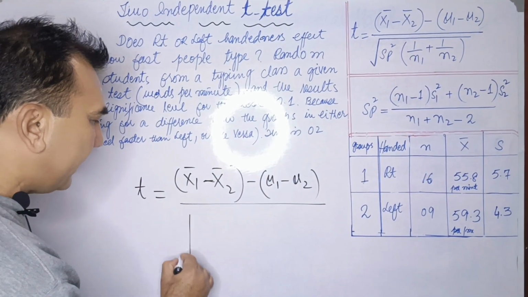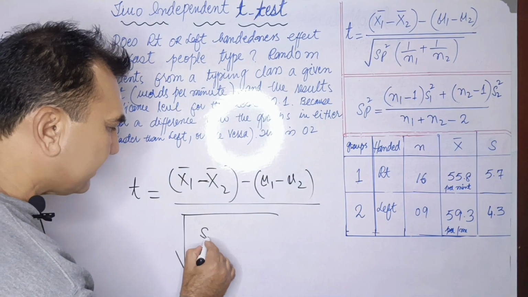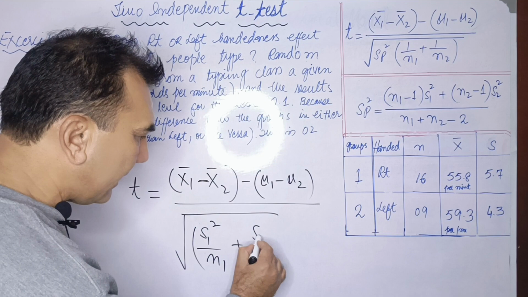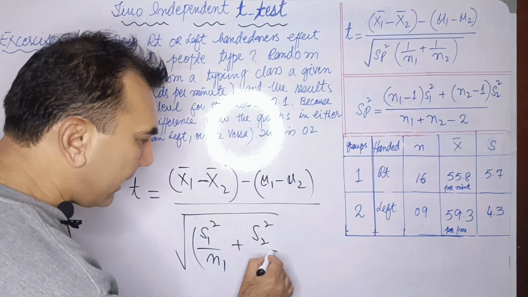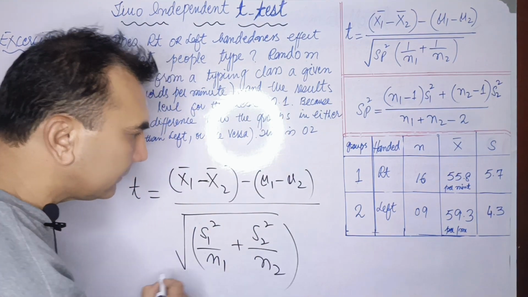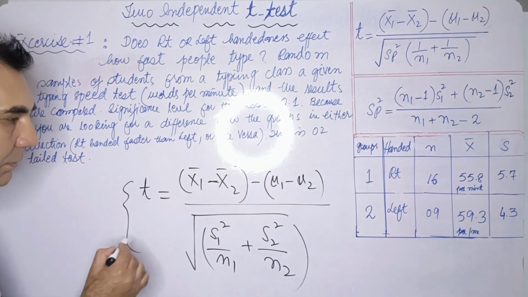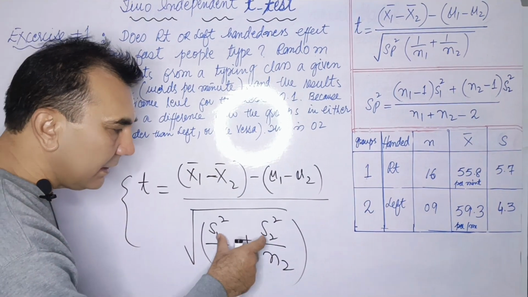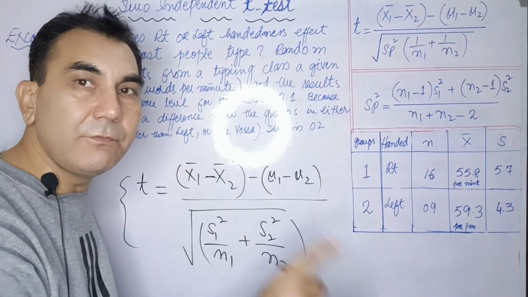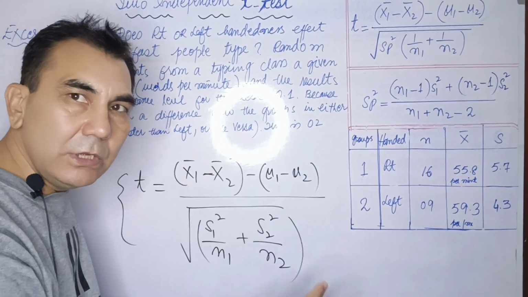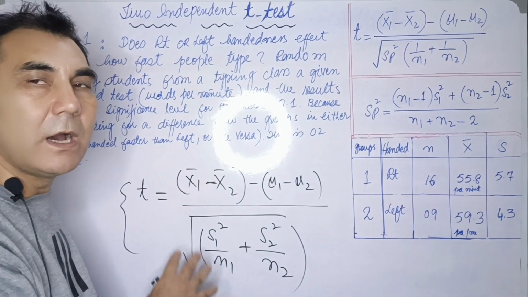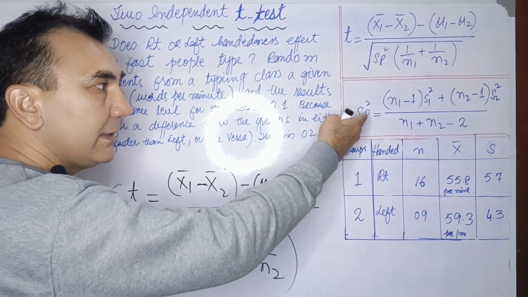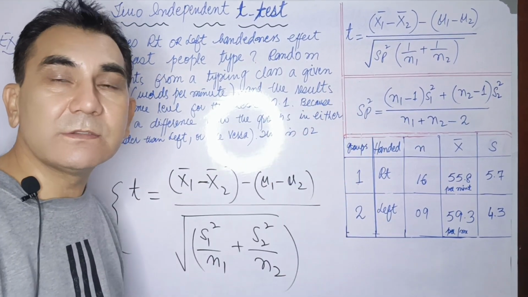Then we divide by the square root of s1 squared divided by n1, plus s2 squared divided by n2. This is the formula we use when the variances of the two populations are different, assumed not equal. If the variances of the two populations are assumed to be equal, then we use the pooled variance formula.